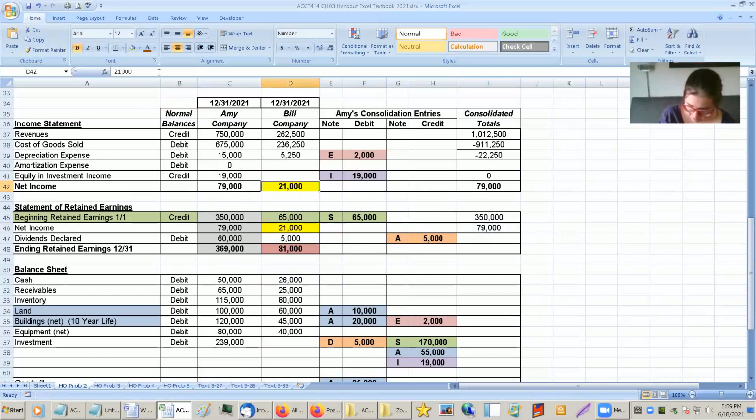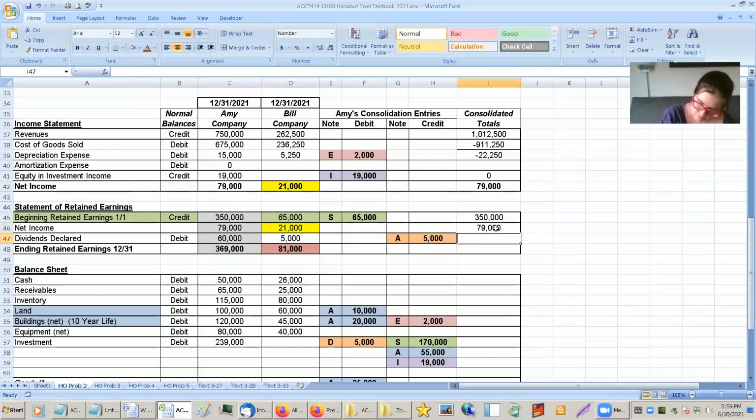With the 2,000, the 19,000, and then the 21,000, those all canceled out. And so that's why that cancels out on our retained earnings. This 21,000 doesn't exist anymore because the 79,000 includes it. So this is actually gone. This has disappeared.